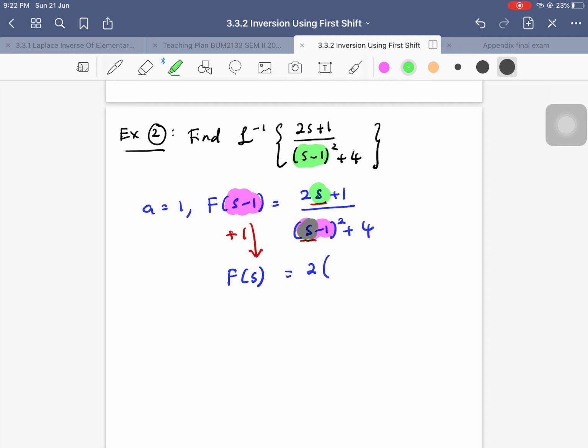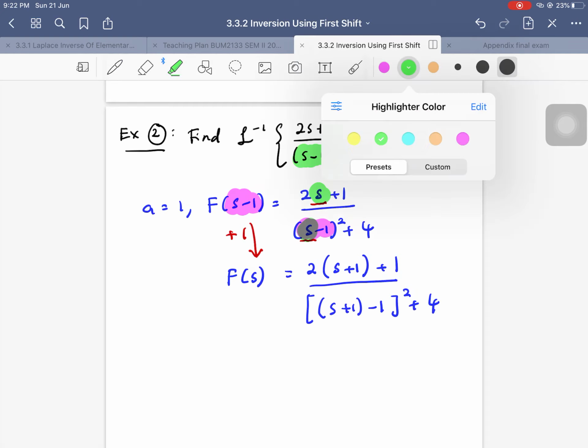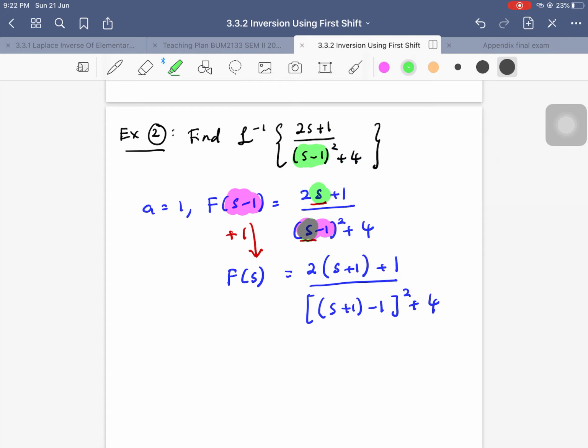Okay, so put a bracket around, then only put the s plus 1, and then I'm going to have a plus 1 at the back from the original function. And then let me put a different bracket, so I'm going to have again (s plus 1 minus 1) squared plus 4. So here what happens is that whenever I come across s in the function, it is being converted to s plus 1, because we're changing the function.